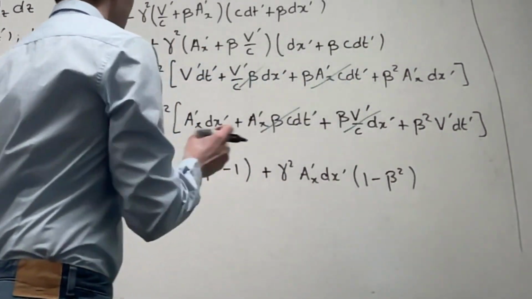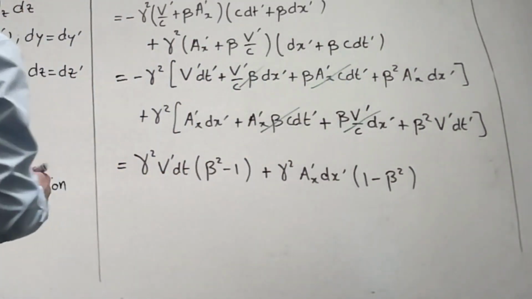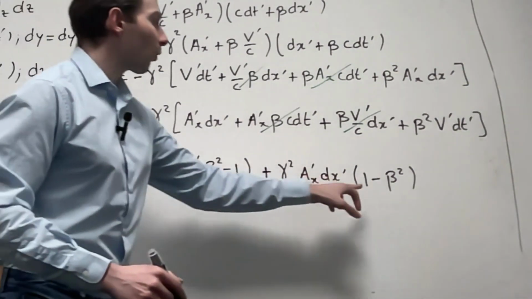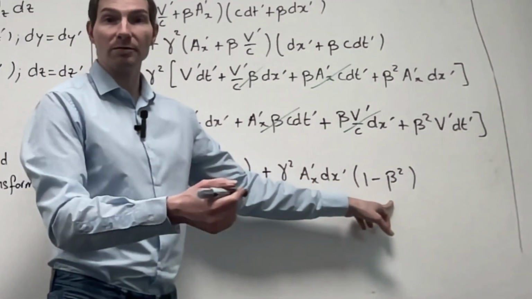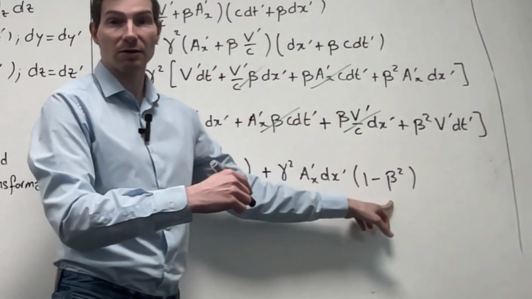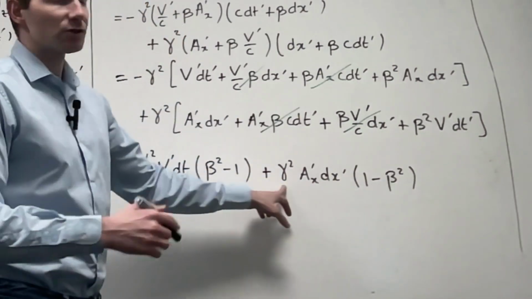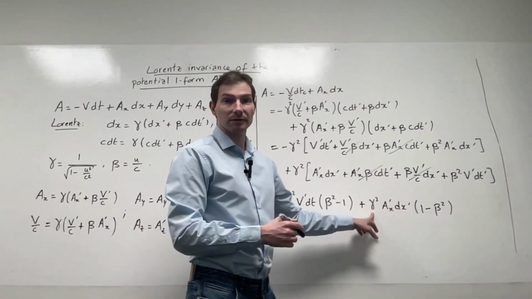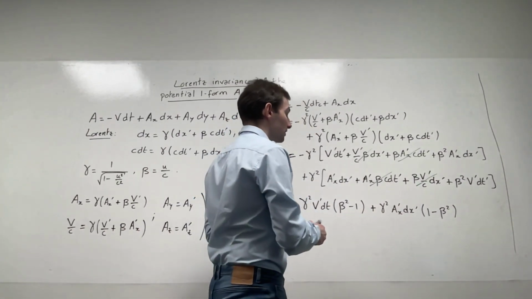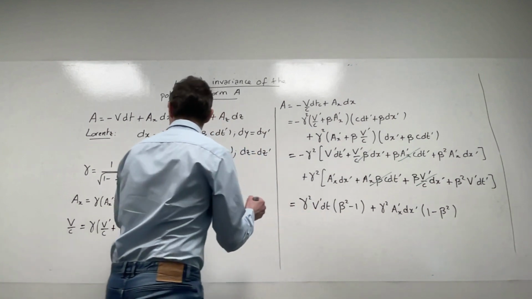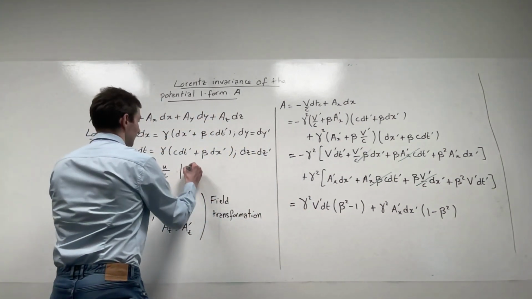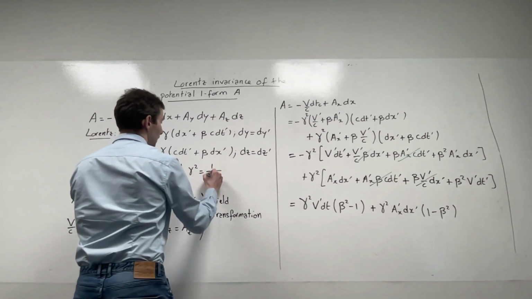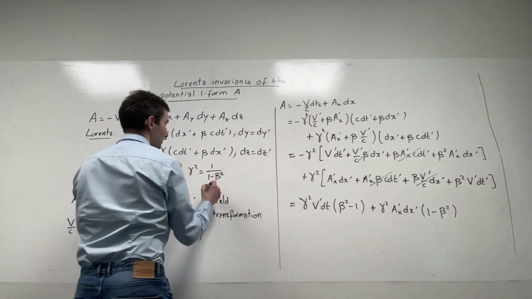Okay? Now, as it turns out, beta is u over c. So 1 minus beta squared is 1 minus u squared over c squared. But this is actually 1 divided by 1 minus beta squared. Okay? So the bottom line is that, as you can see here, you've got that gamma squared is equal to 1 divided by 1 minus beta squared.